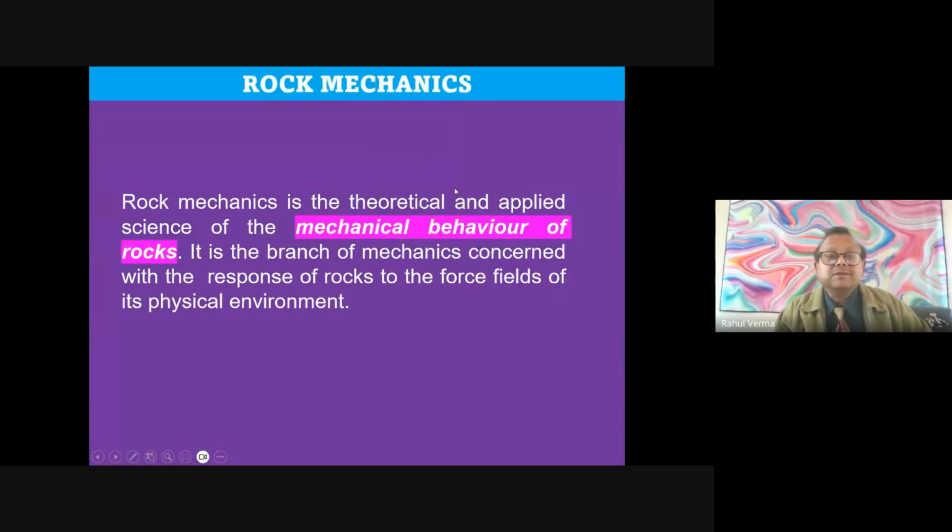Now, another branch is rock mechanics. To be precise, they study the mechanical behavior of rock. This is very important because we need to know the response of the rocks. Suppose you are constructing a building, and you don't know what material you are using and in what environment.